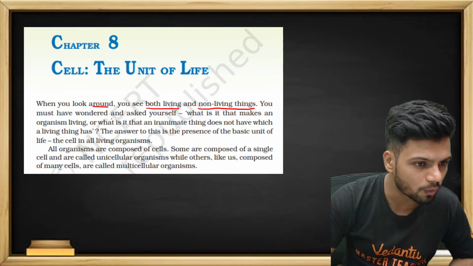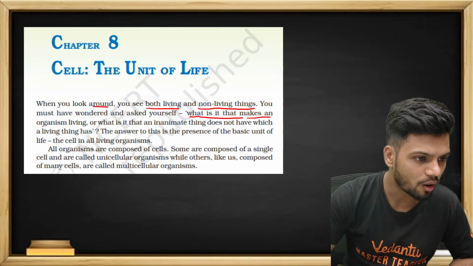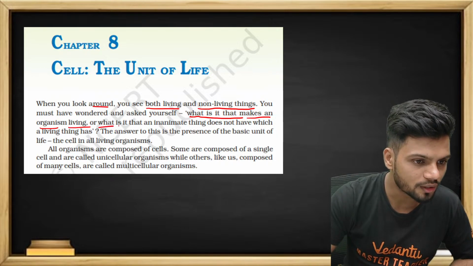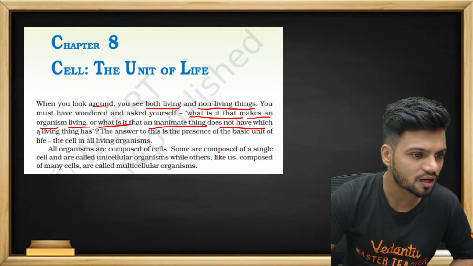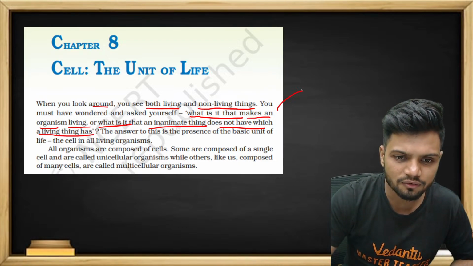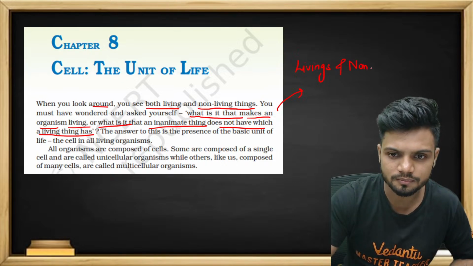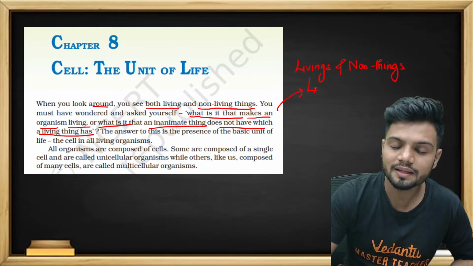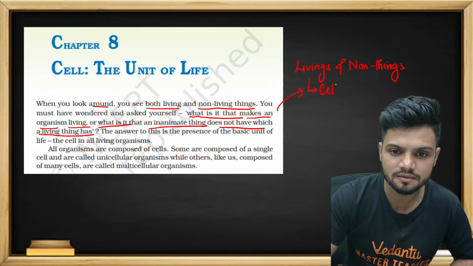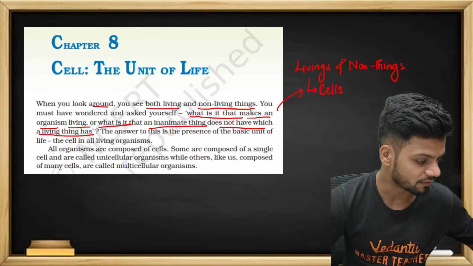Now you must have wondered and asked yourself, what is it that makes an organism living? And what is it that inanimate things do not have, which a living thing has? Obviously, the main difference between living things and non-living things is that living things are made up of cells, which gives us life.